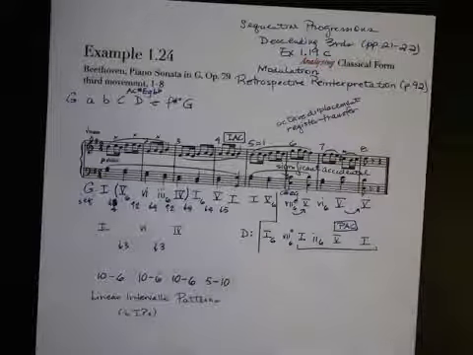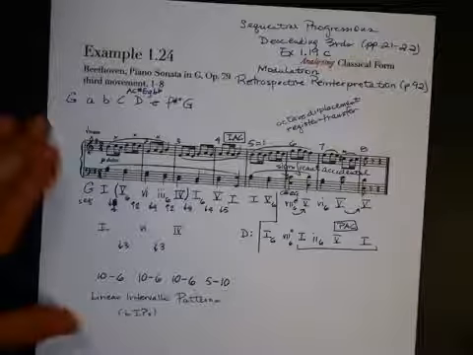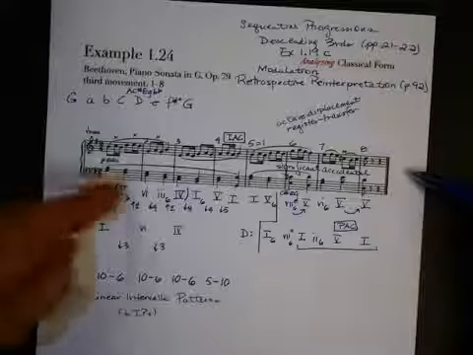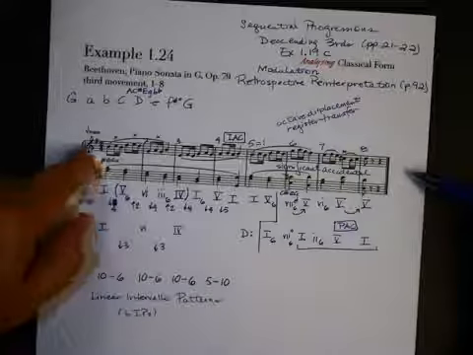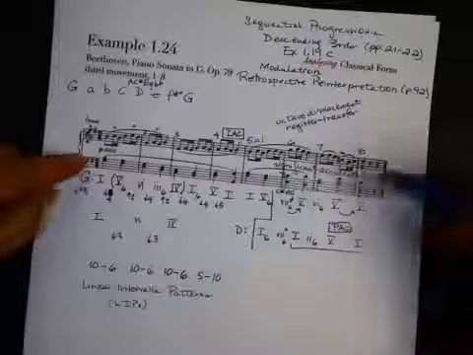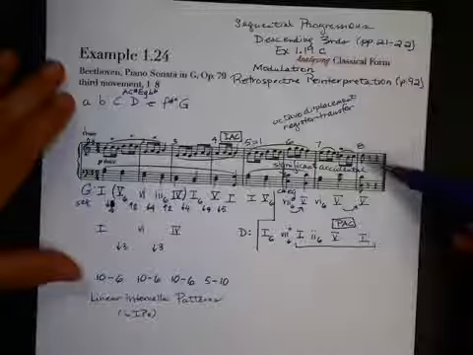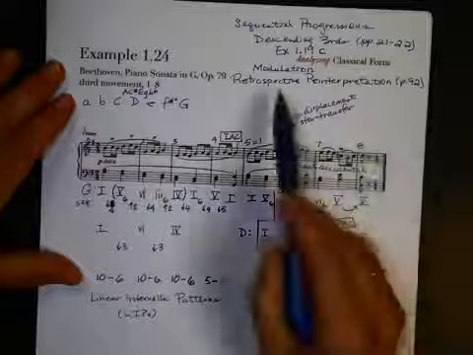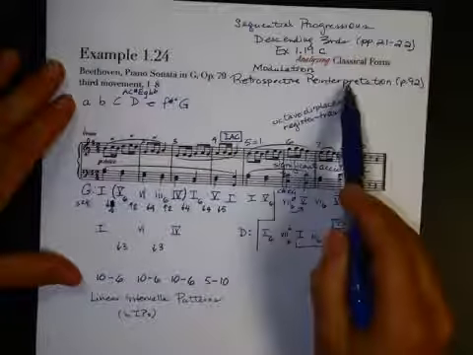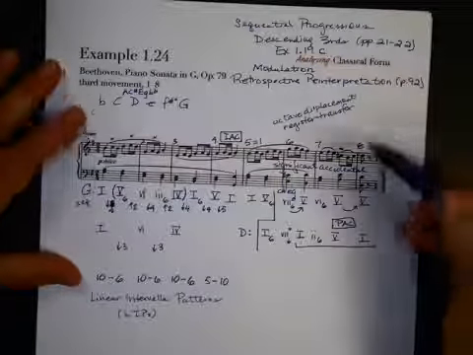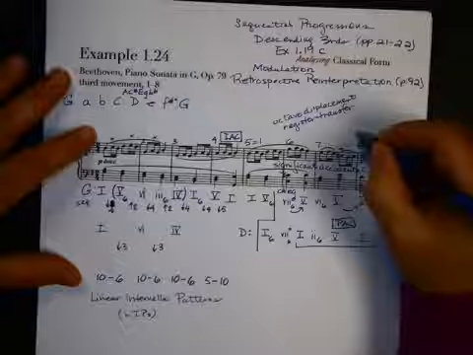Knowing that measure 9 is going to be a repetition of measure 1 and restart a repetition of this entire 8 measures, we are going to do a retrospective reinterpretation of this perfect authentic cadence and call it a half cadence in terms of G major.